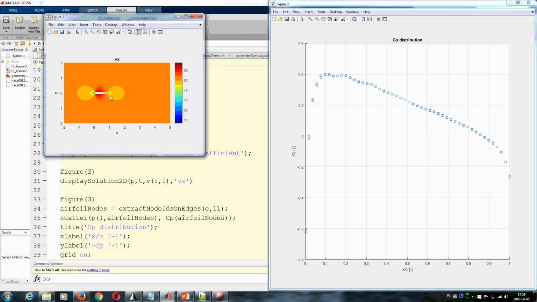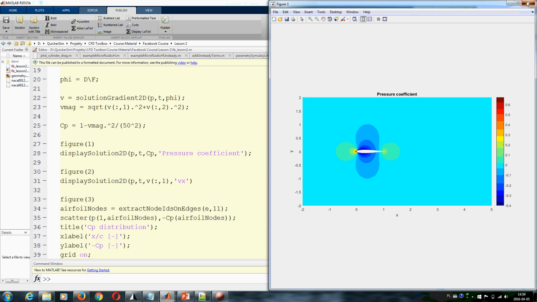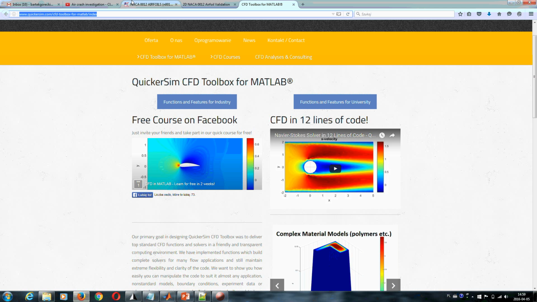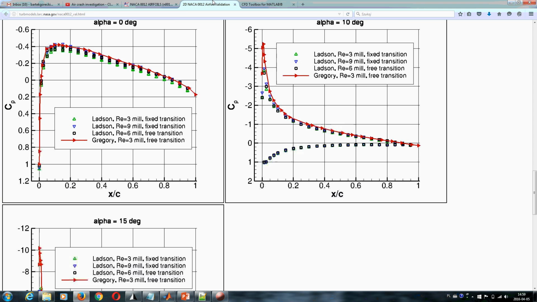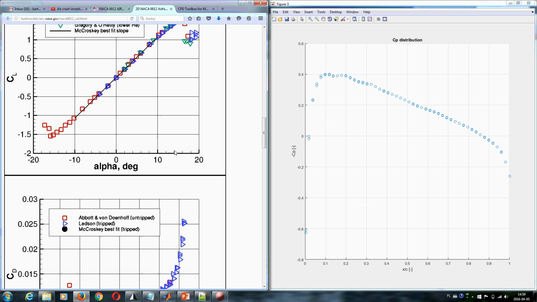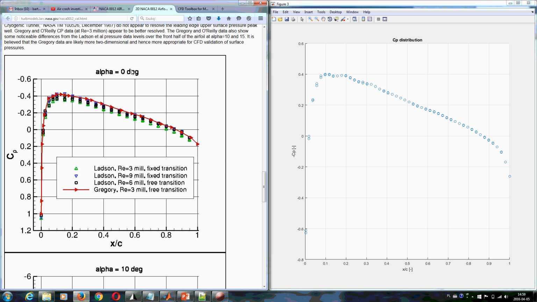So you can see by doing this the velocity field, you can see the pressure coefficient field, and what is probably most interesting is you get this pressure distribution. And if you look at some reference data, you can find that for zero angle of attack, the reference data, well, is exactly the same.